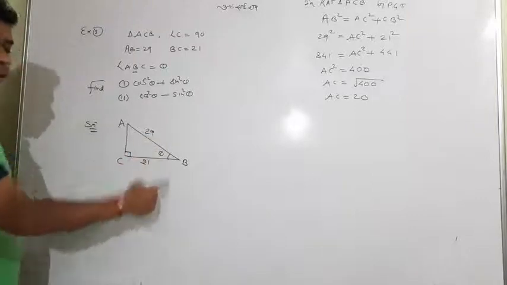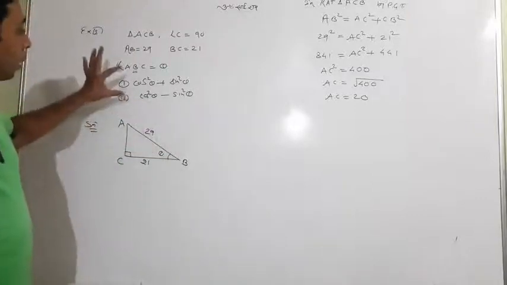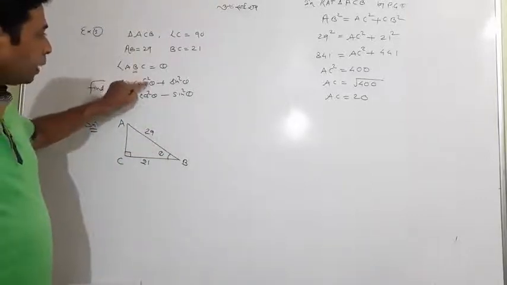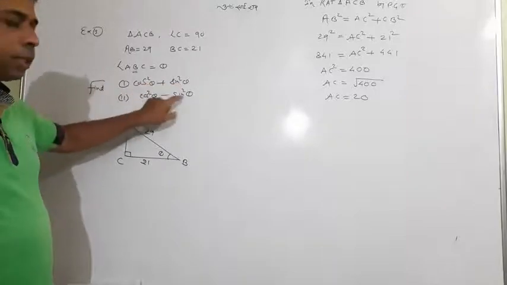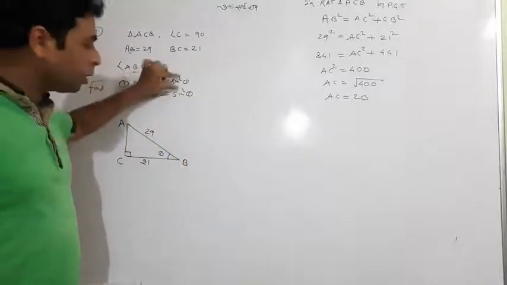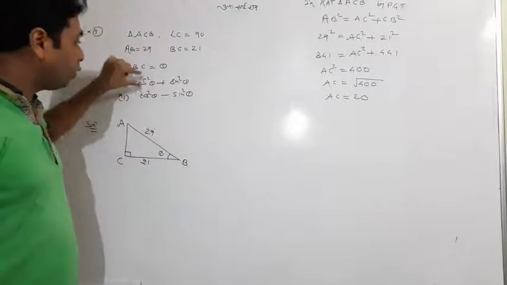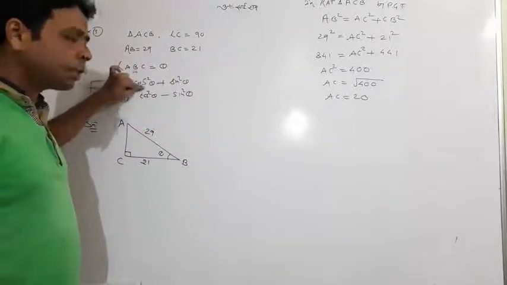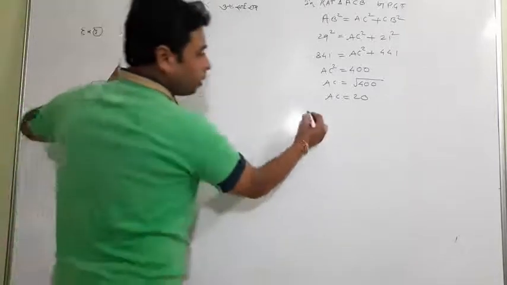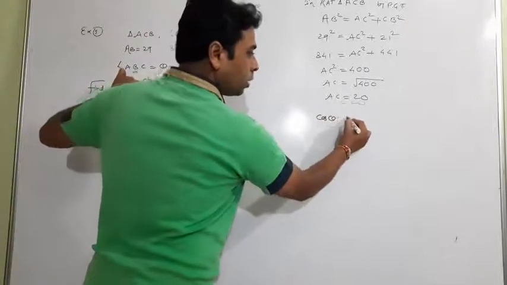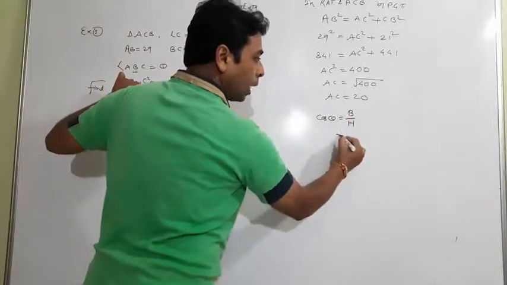Now these three sides we already know. We want to find the value of cos square theta plus sin square theta and cos square theta minus sin square theta. So before taking these two, first find out the required values. We need cos theta, so what is cos theta? You should remember it's base upon hypotenuse.